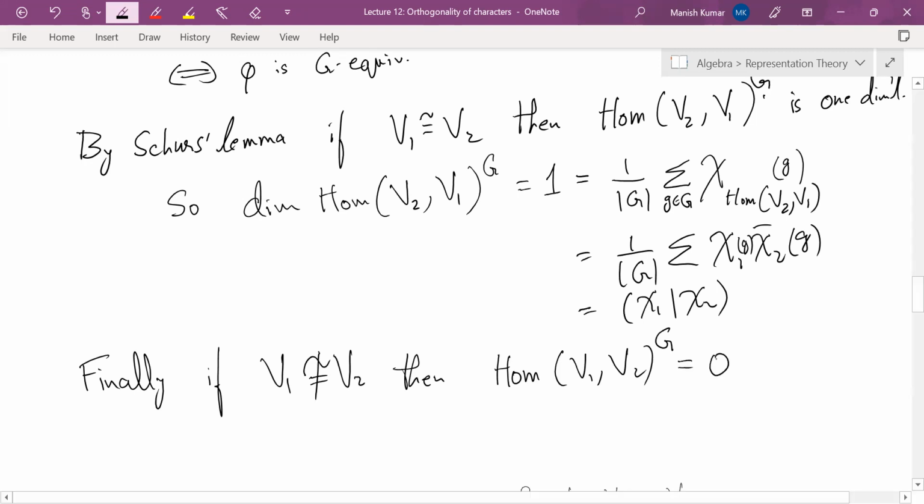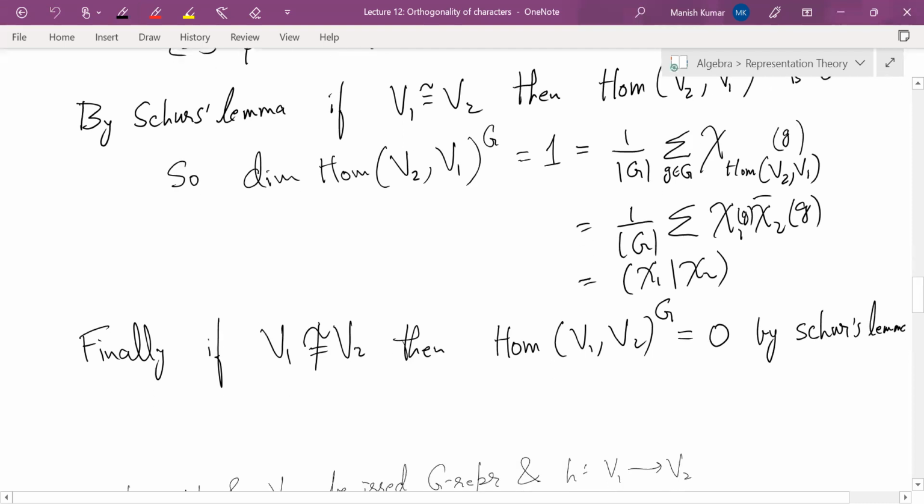It's zero by Schur's lemma again, because the set is the same as the set of equivariant maps between V1 and V2.